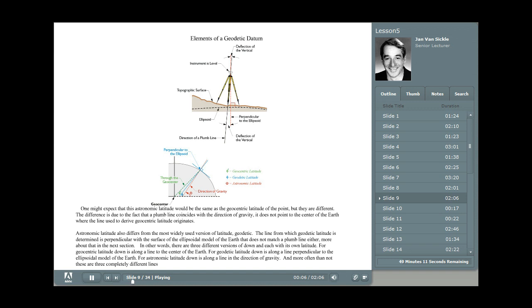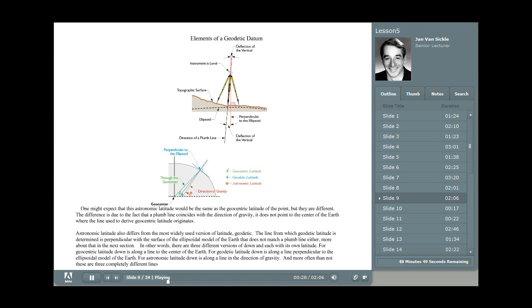The reason that this issue in coordinates has arisen is because before GPS was a primary system, before GPS even existed, determination of latitude and longitude was done primarily with astronomic observations.